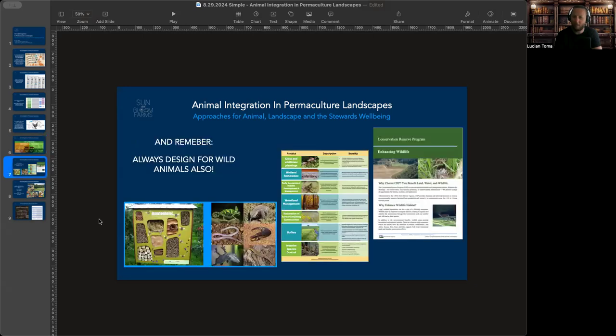And we want to remember that we always want to design for wild animals also. It makes complete sense, because that high diversity is basically keeping the ecosystems healthy. It's both for their own good, for the ecosystem's good, and it's good for us. Some people are hunters.